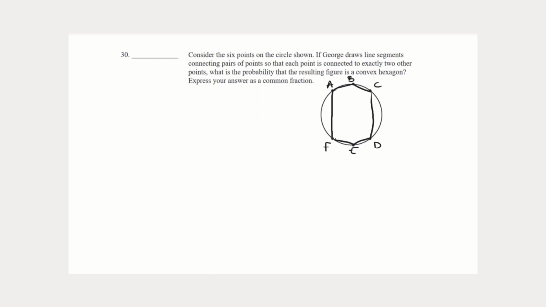Okay, so only one way to get a convex hexagon.